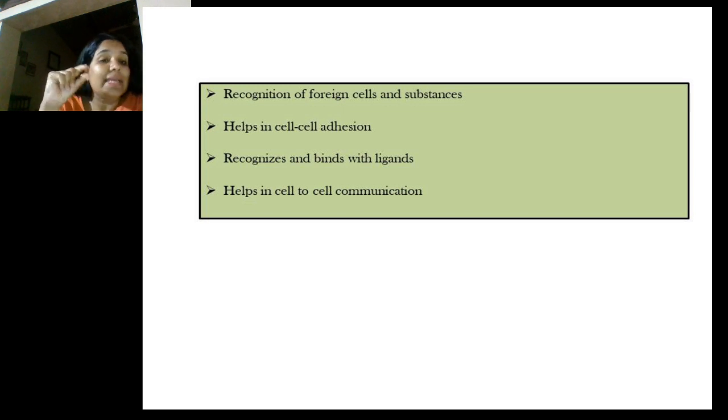When this insulin that is secreted from the pancreas comes and binds with these receptors on hepatocytes, certain physiological processes or certain enzymes are activated inside the hepatocytes, and there will be more intake of glucose into hepatocytes from the blood, and this glucose is then converted into glycogen and stored. So these are some of the functions of plasma membrane.